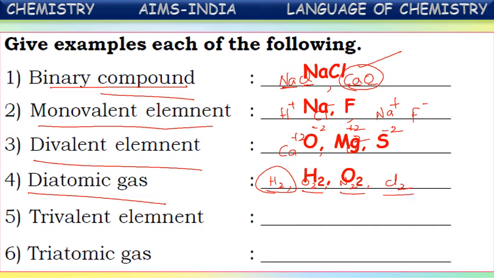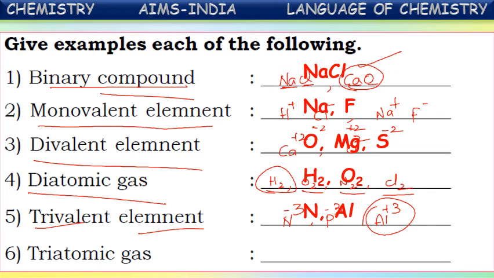Now come to the trivalent element. Trivalent means its valency should be 3. Trivalent means N minus 3, nitride ion, P minus 3, phosphide ion, and among the positive ions, Al plus 3, aluminum. It is also a trivalent element. Yes, nitrogen and aluminum they have given. I gave an extra, that is P minus 3.